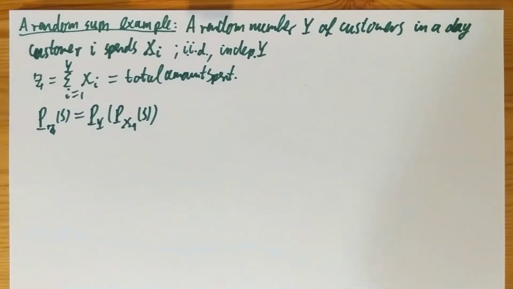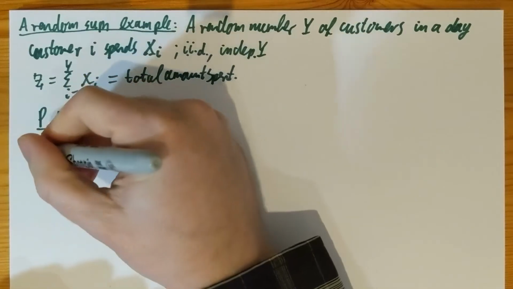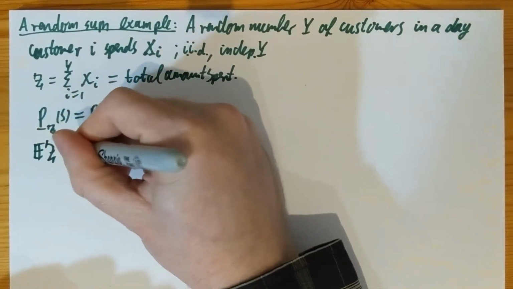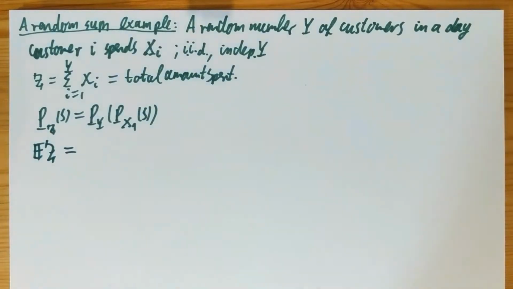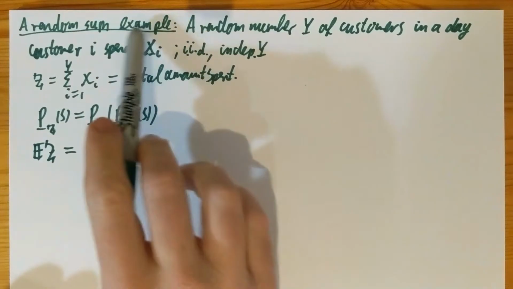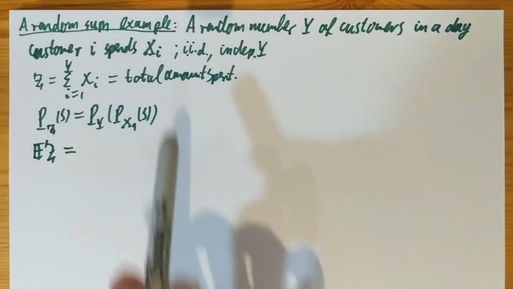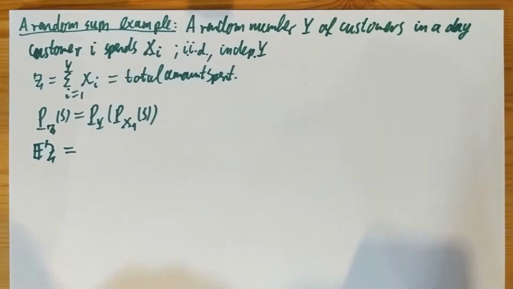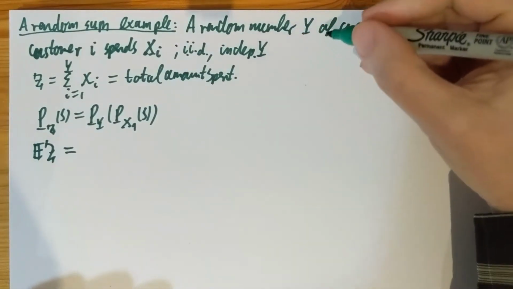Okay, so let me start with the expectation of Z, and everybody hopefully remembers that if the means are finite, if the random variables are finite with probability 1, which we assume they are, I'm going to assume that these Xi's have finite mean and variances, and in fact I'm going to put this down here straight away.